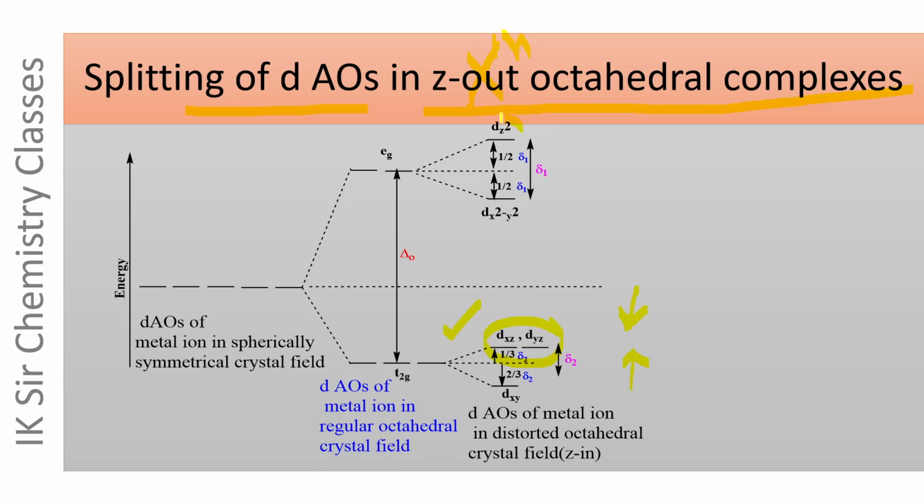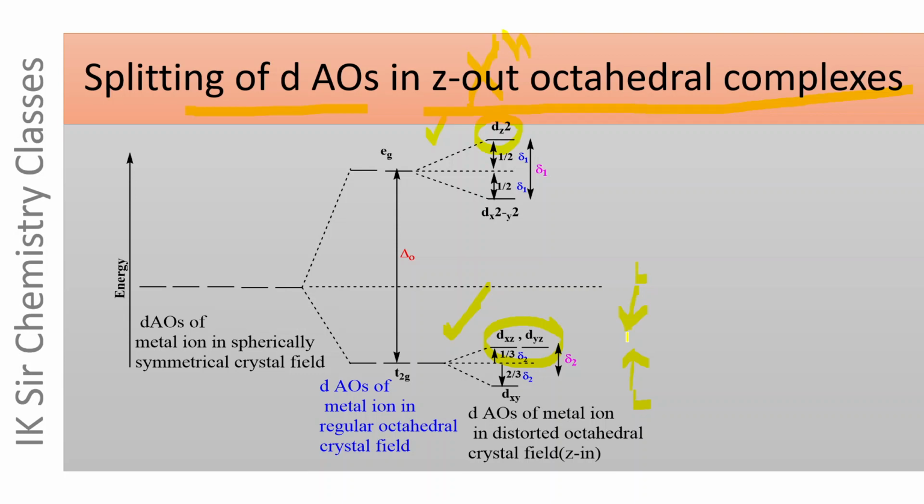Similarly, the energy of the dz square atomic orbital also increases, because these d atomic orbitals have a Z component, and the ligands on the Z axis move closer to the central metal ion, and the ligand field strength along the Z axis is stronger.